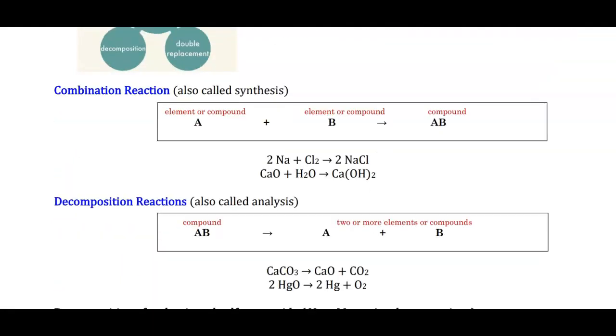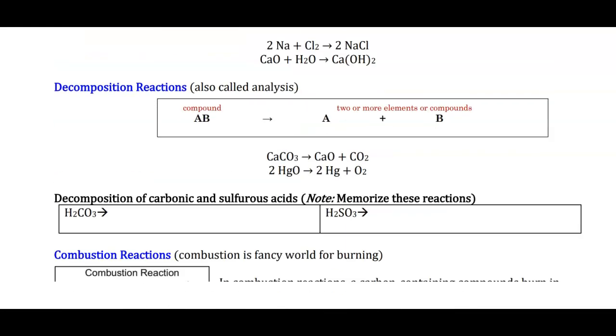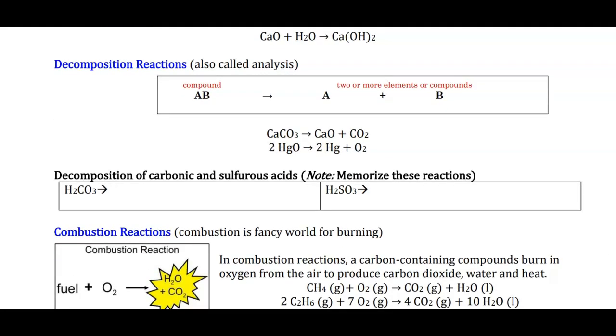I'm sorry, a little bit of Russian, but okay. Combination reactions: 2 or more reactants give us one product, right? Decomposition reactions: 1 reactant gives us 2 or more products.